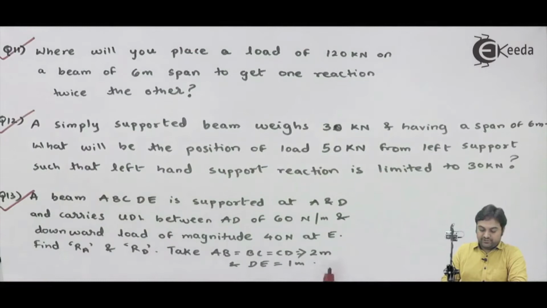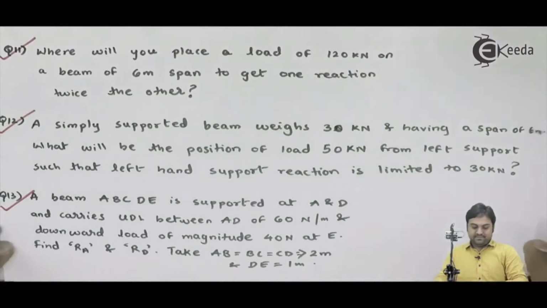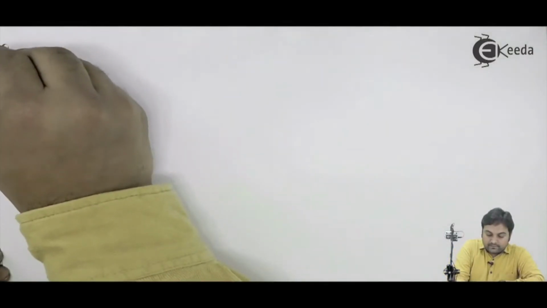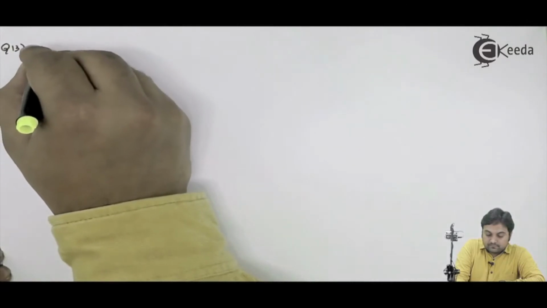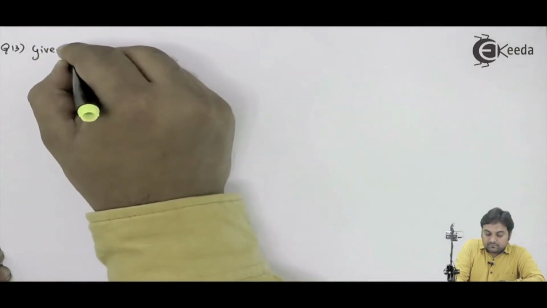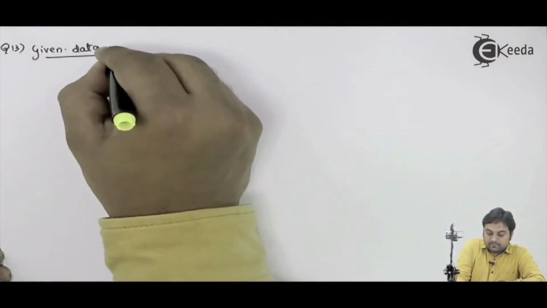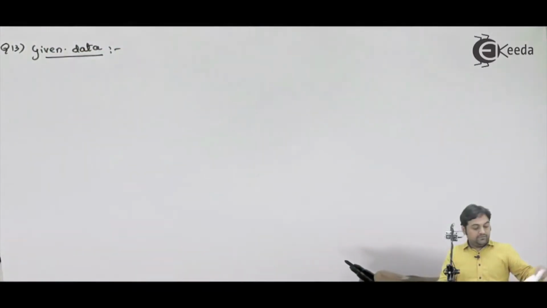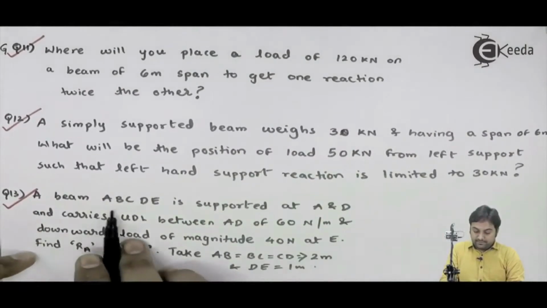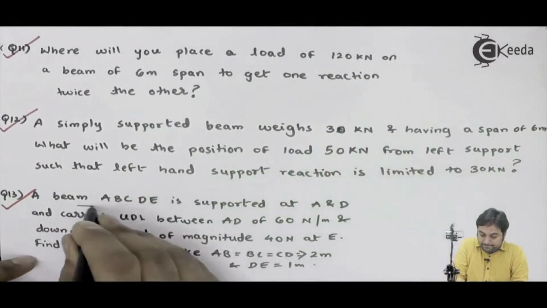So this much is the question which they have provided. Now let us draw the diagram as per the instructions given. So I'll write the data for this question first. That's question number 13. Here we have the beam ABCD.